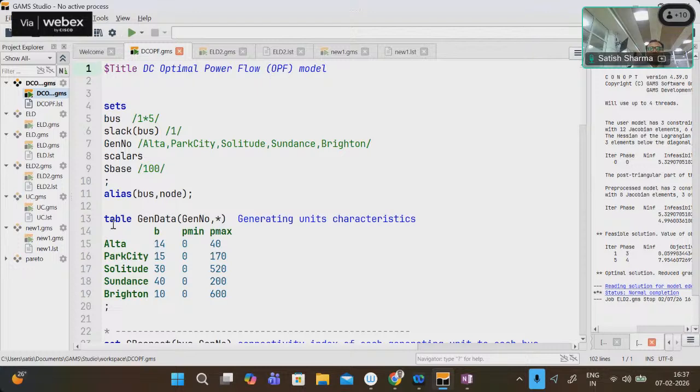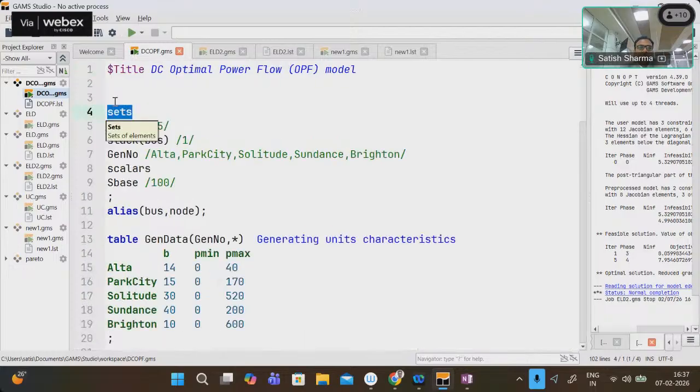Here, some sets have been defined. You can see these are the different sets which have been defined here, and those are basically a set of buses. So we have 5 buses: 1, 2, 3, 4, 5. We have defined a slack bus, which is a subset of bus, and that is one. That first bus is my slack bus.